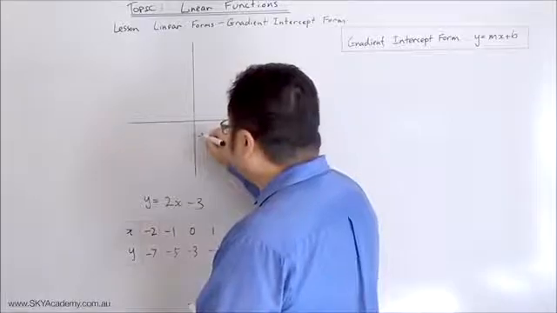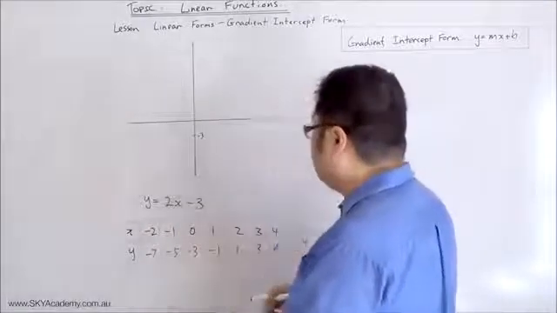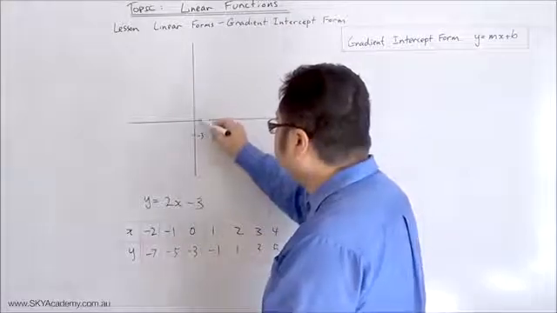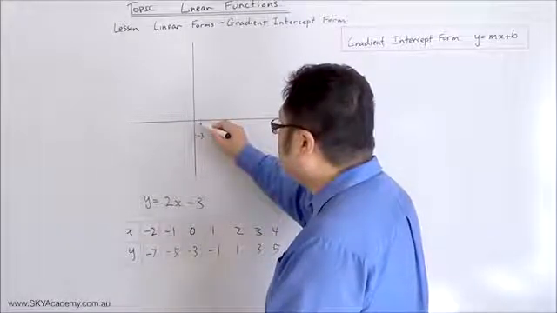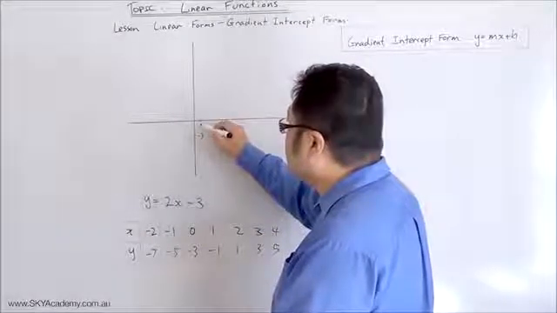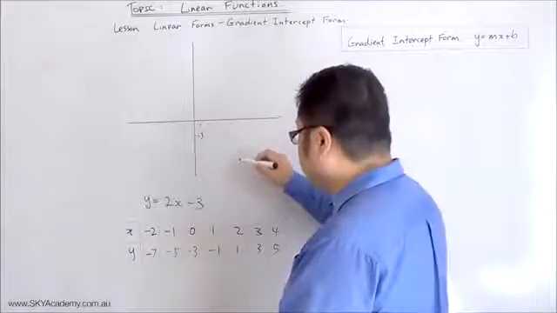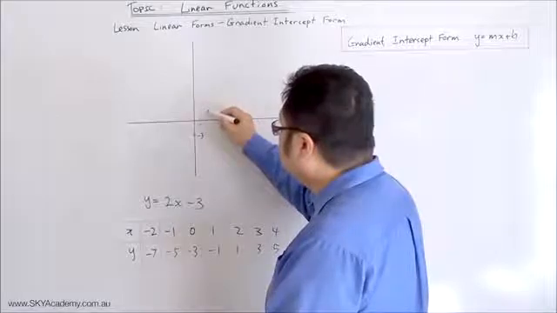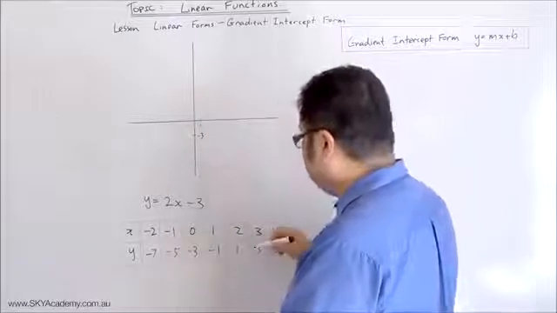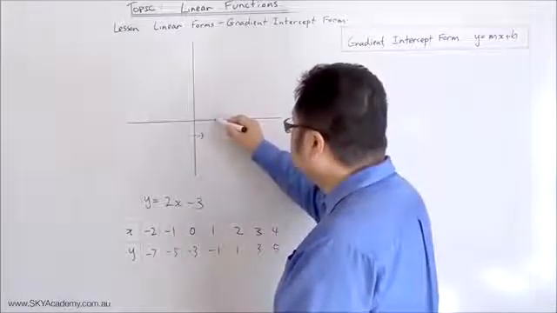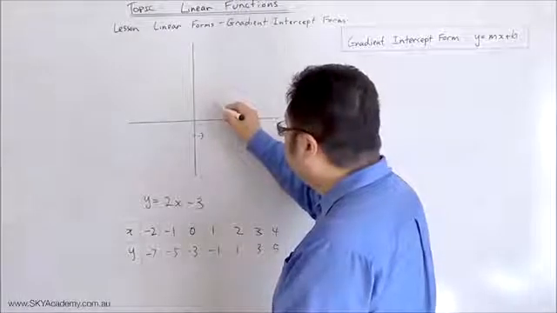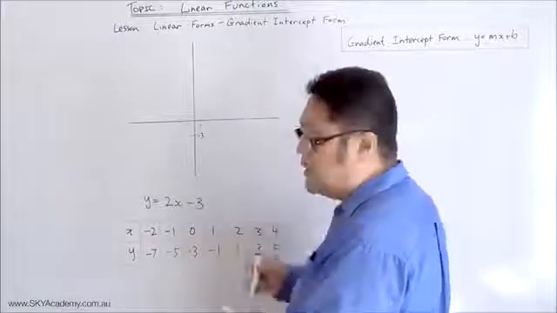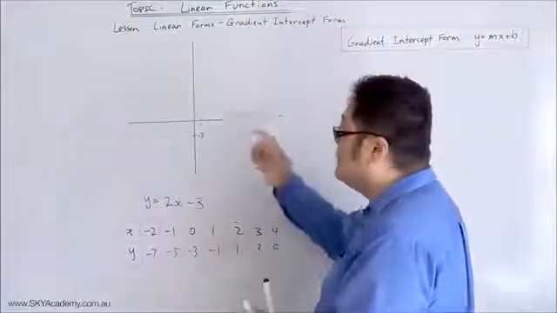And then it also passes through 1, minus 1, and 2, 1, and 3, 3. And then it'll just keep plotting along, and it'll be a straight line.